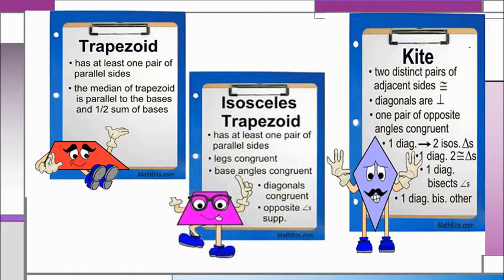One diagonal creates two congruent triangles. One diagonal bisects two angles, and the diagonals are perpendicular. Okay? So those are our properties.